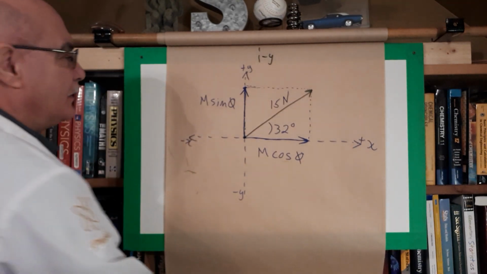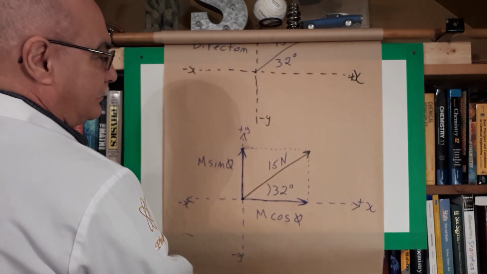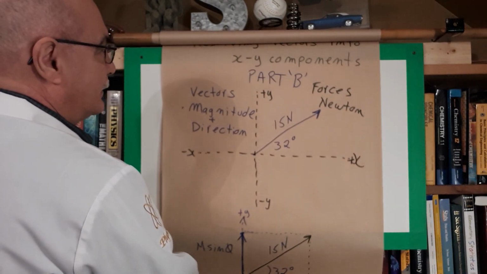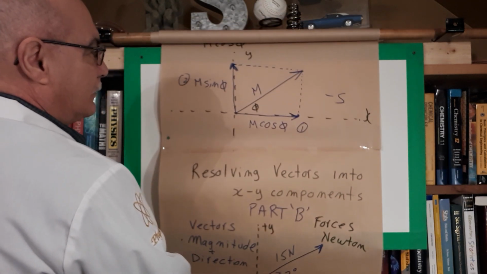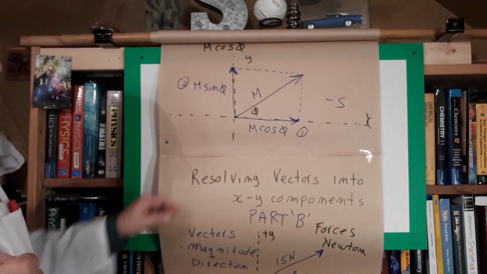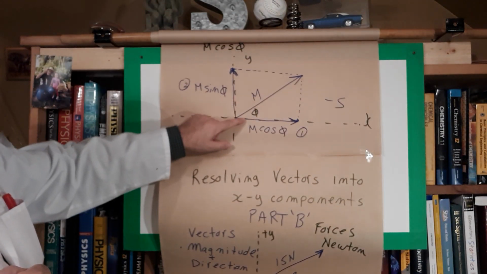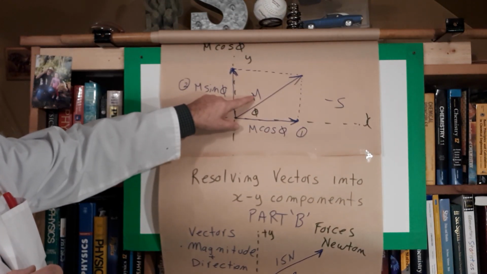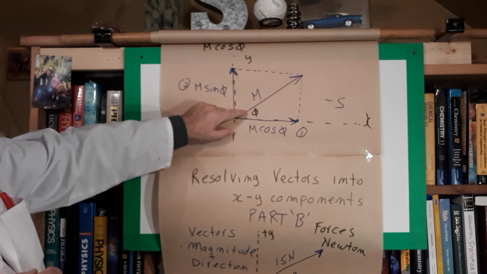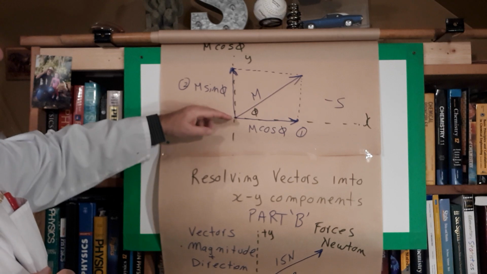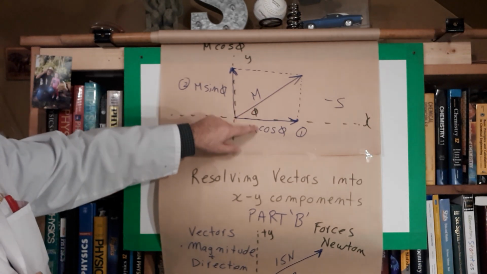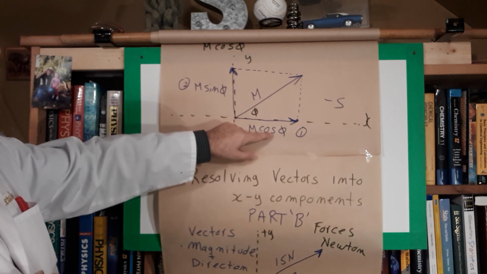We go back a moment. This is the general equations on resolving vectors. Here's the angle. There's the magnitude. If the component that we're looking for is adjacent to the angle given, we're going to use m cosine theta.